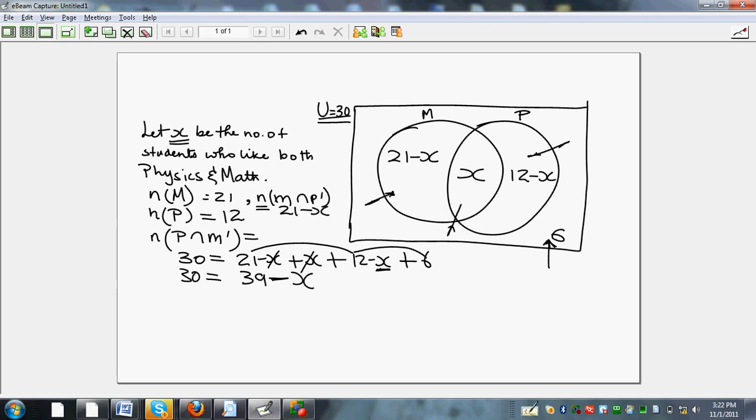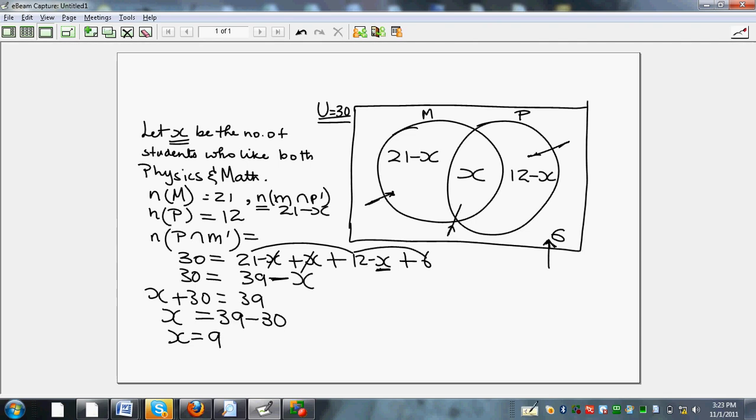Now in order to solve for x, we could add x here and add x here. Right? So you'll end up with x plus 30 is equal to 39. Because if we add x on the right hand side, the minus x will cancel out, so you'll end up with 39. And if you add x on the left hand side, you'll get x plus 30. And therefore, x will be equal to 39 minus 30 if we take away 30 on both sides. So we'll get x would be equal to 9.